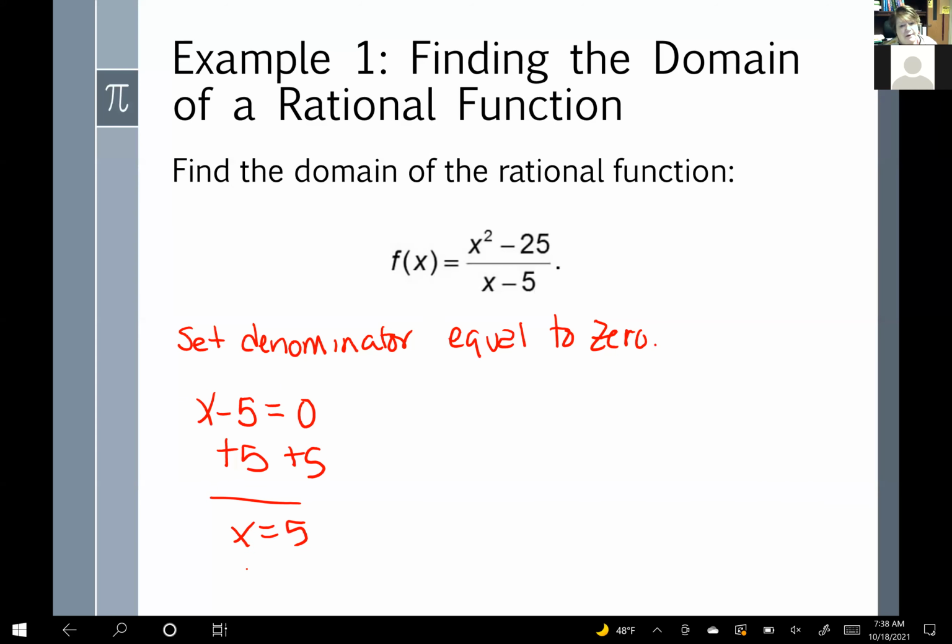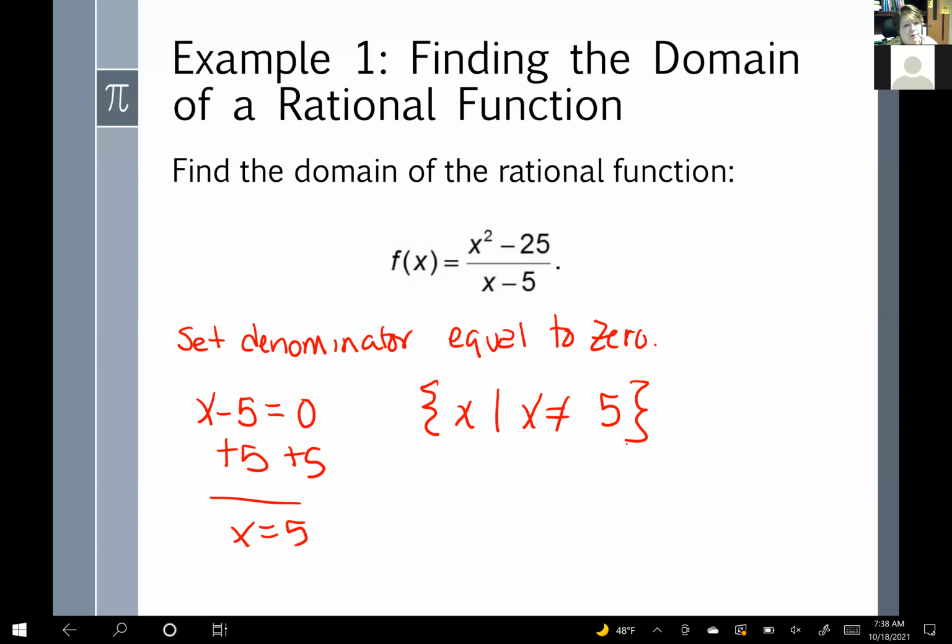So 5 is the value that if I plug it into that denominator, I divide by 0. I can't divide by 0. So in set builder notation, we say that the domain is the set of all x's such that x cannot equal 5. It can be anything else, but it cannot be 5.